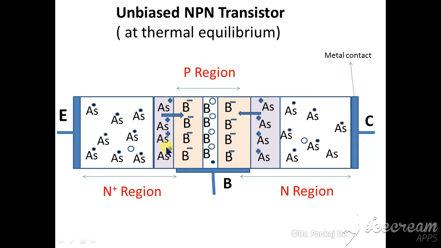Note that the depletion regions are free from any mobile charge carriers like electrons and holes, and the ionized arsenic and boron atoms are mutually interacted by the static electric field developed between them. The electric field and the contact potential difference in the depletion region act like a potential barrier for further diffusion of charge carriers through this depletion zone.